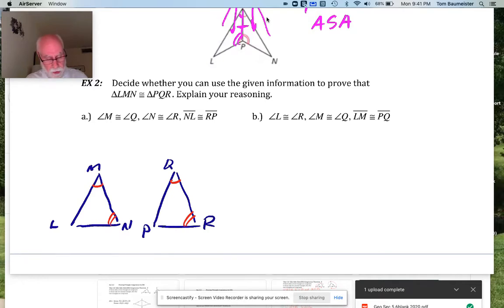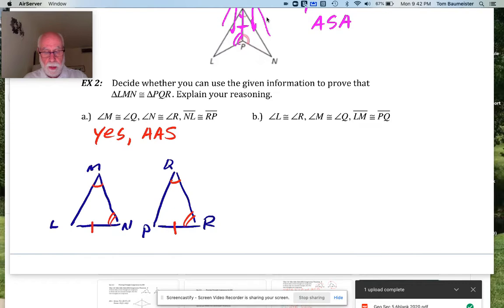And then they're telling us NL, which is that one right there, is congruent to RP. So do we have enough there? And is it in order? Okay. So on this one here for A, you would tell me yes. And again, if we look at it, what do I have marked? I have an angle, I have an angle, and I have a non-included side. Okay. So that's for the first one.